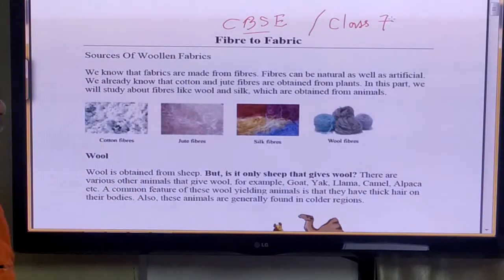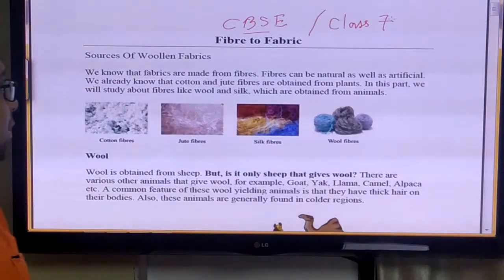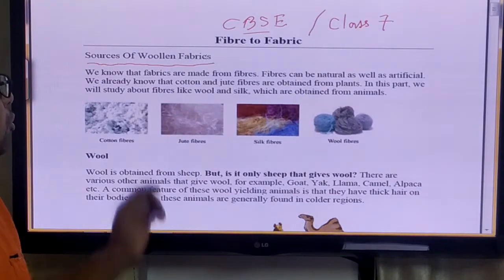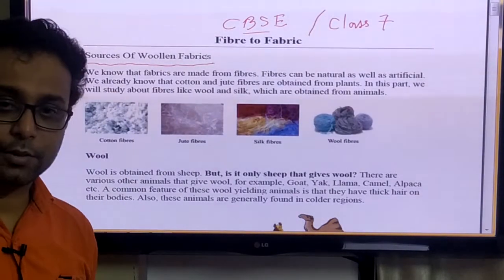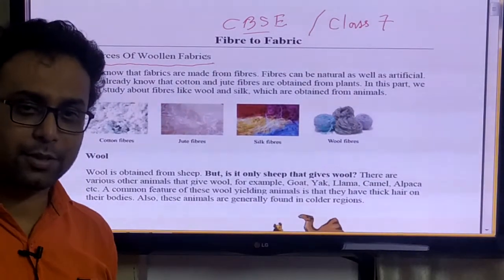Number one, first we discuss the most important topic, that is the source of woolen fibers. What are the different sources from where we get fibers?